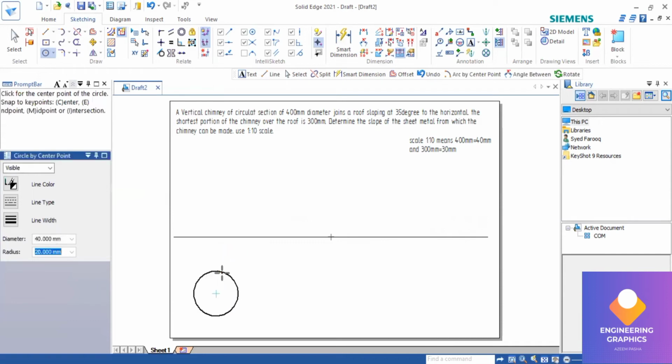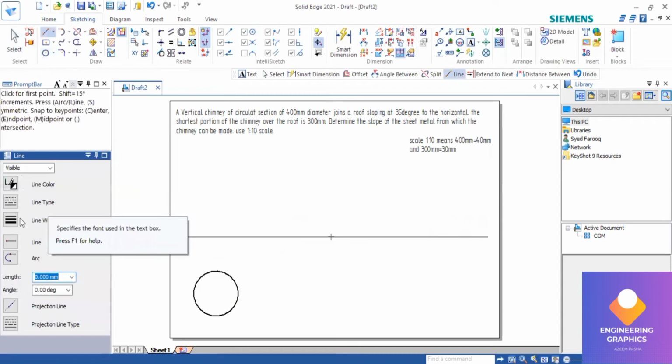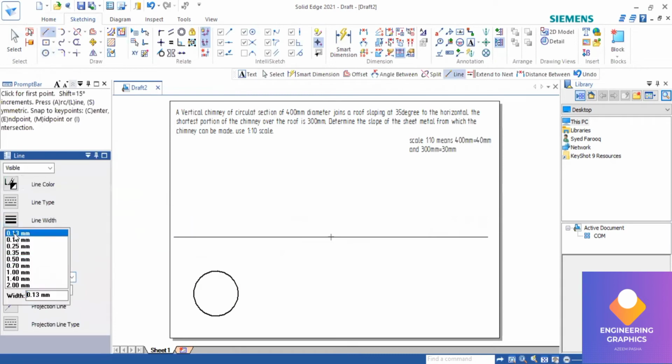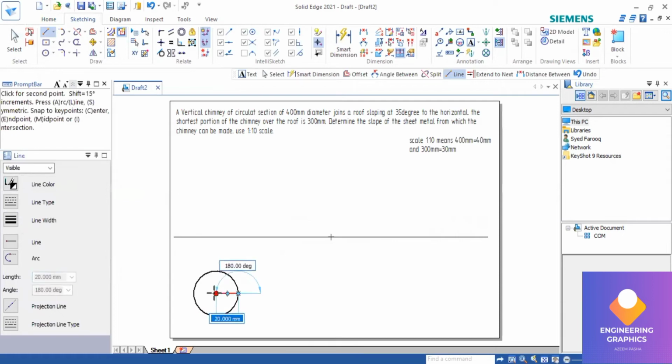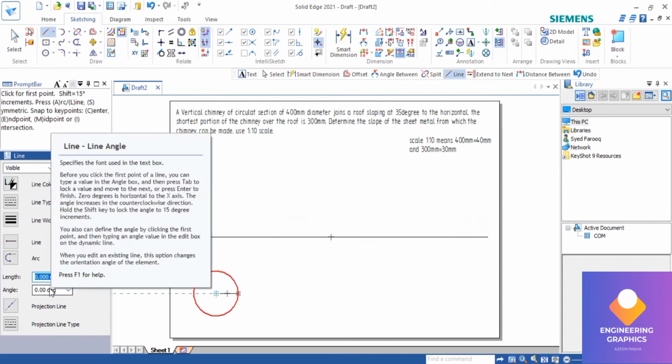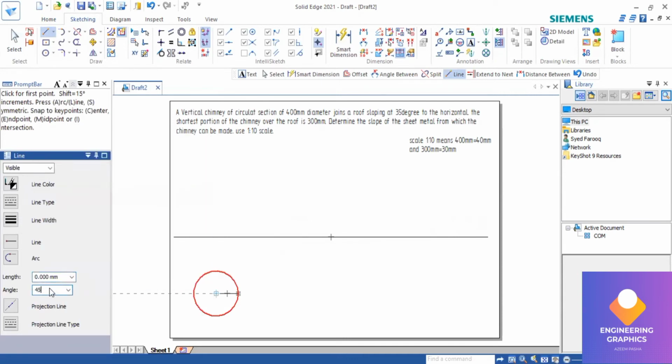So you can give the diameter 40, and now you divide the circle into 8 equal parts using thin lines, by taking an angle of 45 degree. So you can give the angle 45, 45, 90 and 135 and 180. Okay, this is the angle you have to choose.